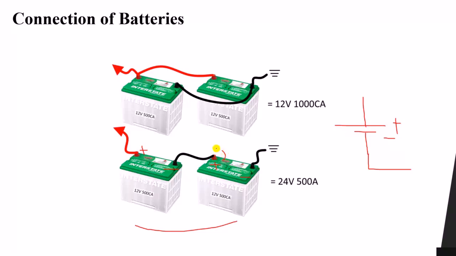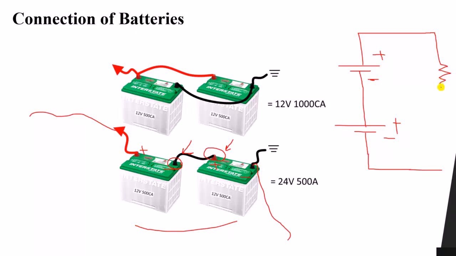You can see that the positive is connected to the negative. If we add another battery like this, negative and positive, again positive is connected with negative. The final positive terminal and the final negative terminal go to the load like this.